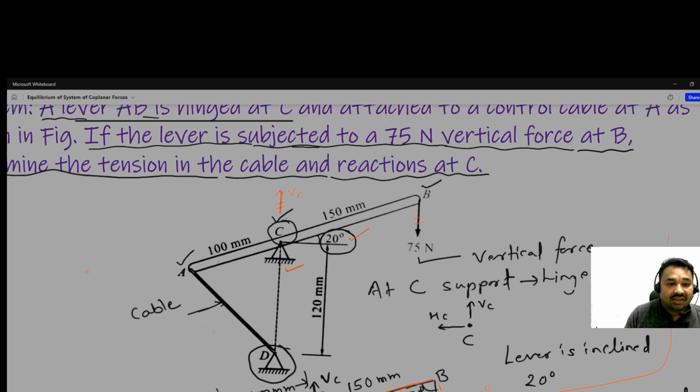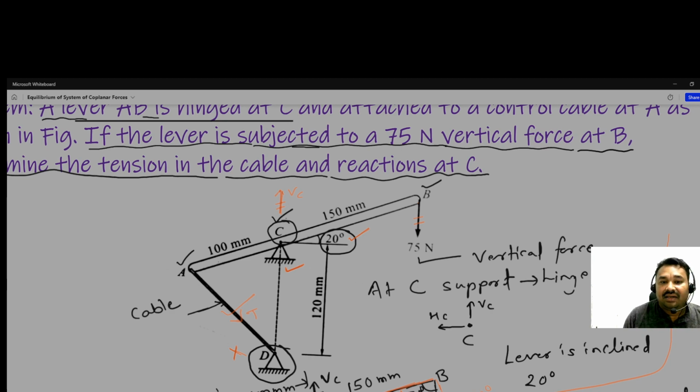And one more thing, the lever is supported by this cable, and the cable itself is supported by the hinge. So whenever there is a cable in the question, then cut the cable, and there is no need to include the support reactions of the hinge here. So after cutting, only T, the tension, we have to consider.